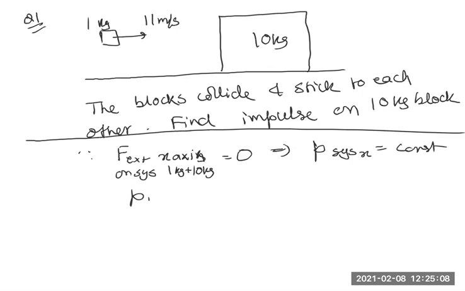So the initial momentum must be equal to final momentum. Initial momentum is momentum of the 1 kg block plus momentum of the 10 kg block. Final momentum is the momentum of the 11 kg block.